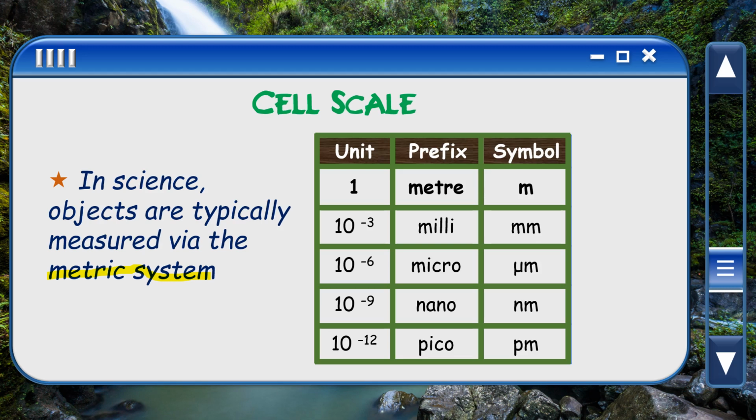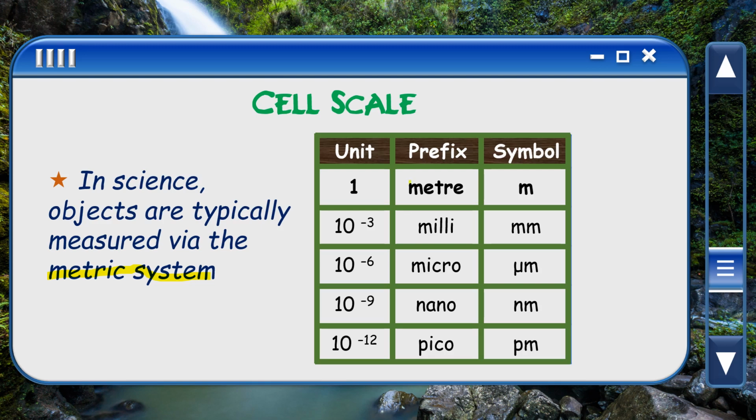If the unit is 10 to the power negative 3, we can use millimeters. 10 to the power negative 6 is micrometer. 10 to the power negative 9 is nanometer. 10 to the power negative 12 is picometer.